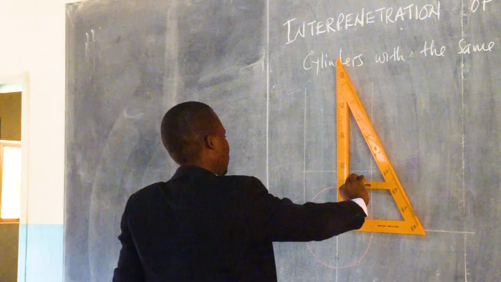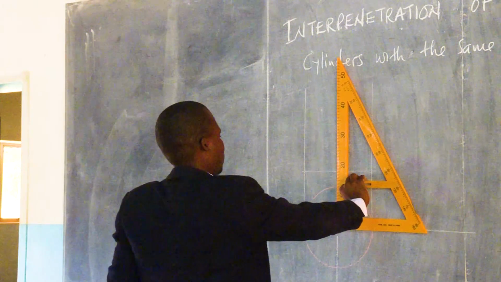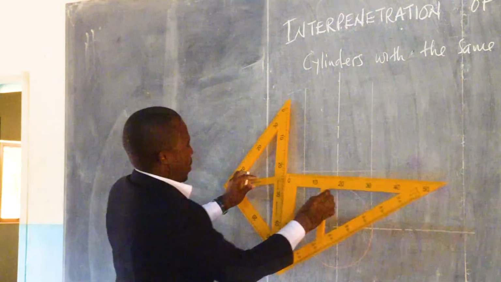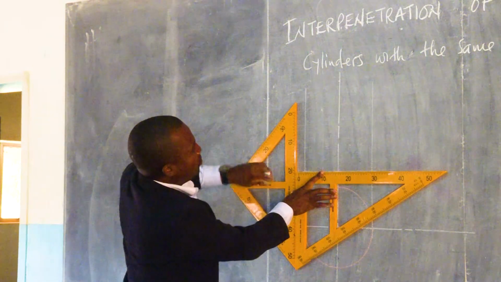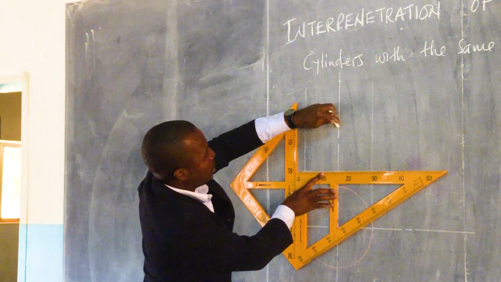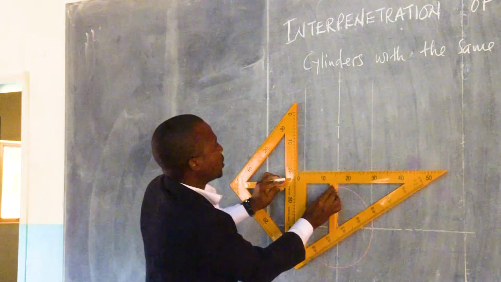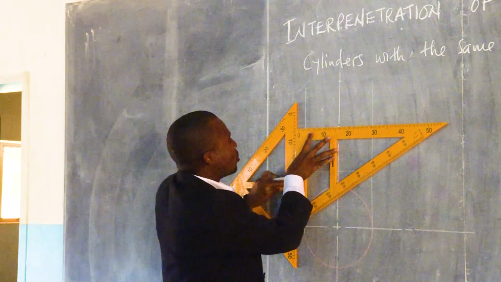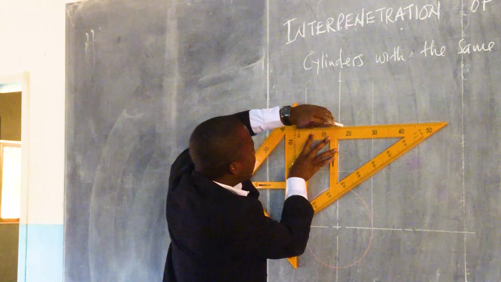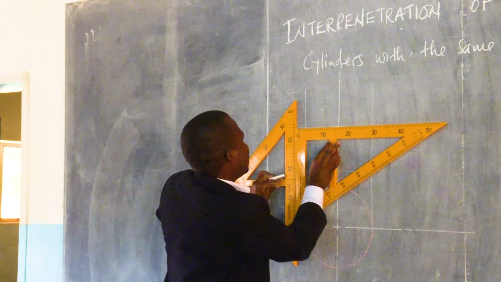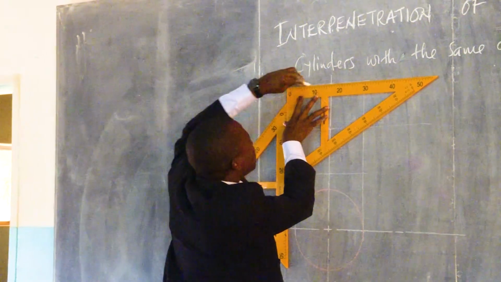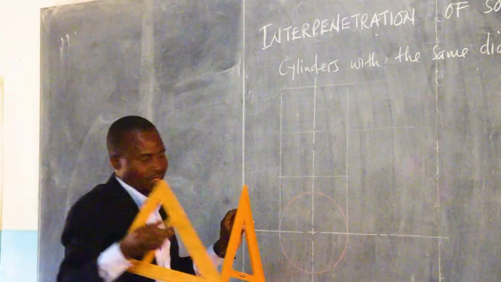So after indicating your measurement, this is 100 and then this is 50, half of 100. Here you are going to draw a straight line. Then on top there, you are going to draw that line.